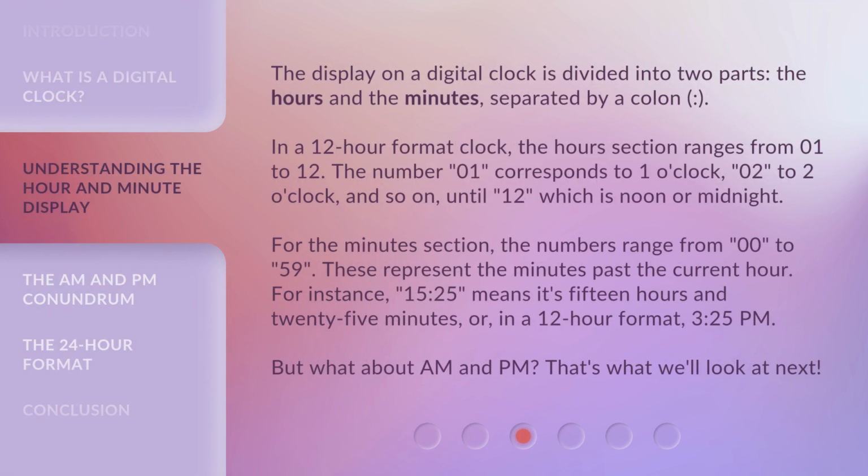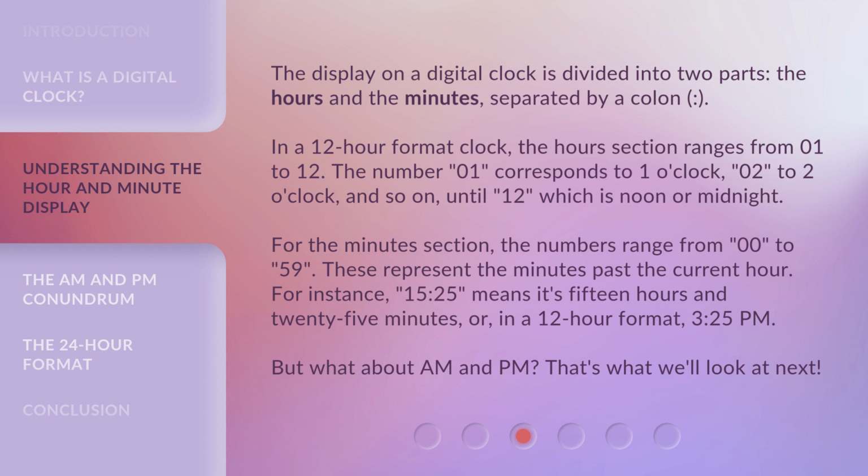The display on a digital clock is divided into two parts: the hours and the minutes, separated by a colon. In a 12-hour format clock, the hours section ranges from 01 to 12. The number 01 corresponds to 1 o'clock, 02 to 2 o'clock, and so on, until 12, which is noon or midnight.